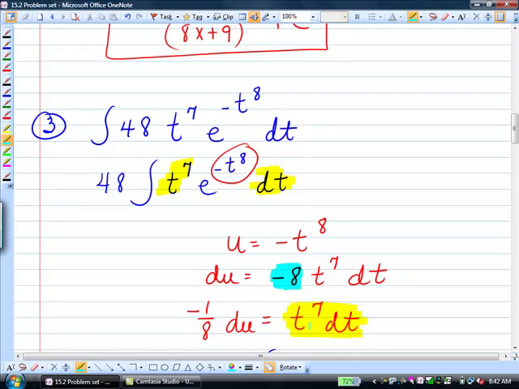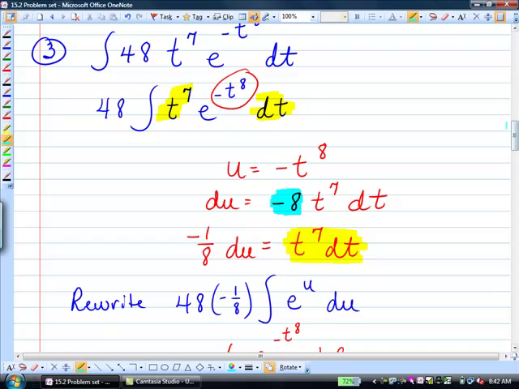If you have something out here in front of du, pull it through the integral sign when you rewrite. So rewriting it, you have 48 because it was already outside. You have a negative 1/8. Then you have an integral of e to the u because u was this thing up here. E to the u du.